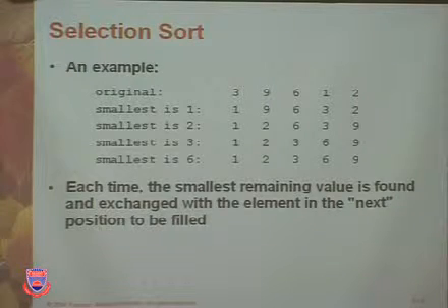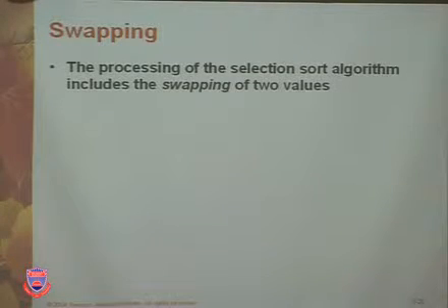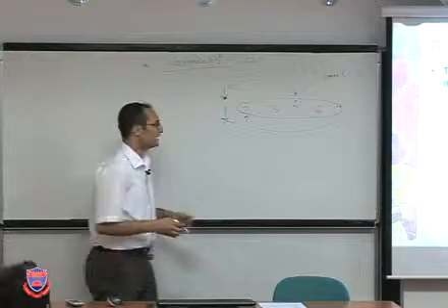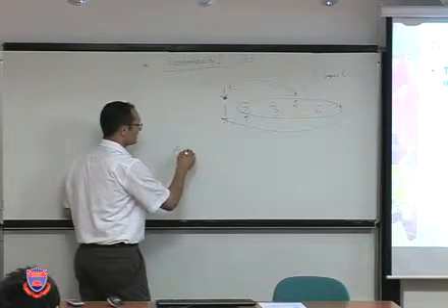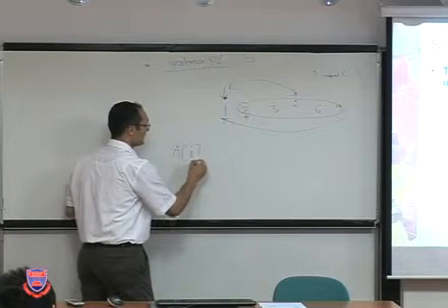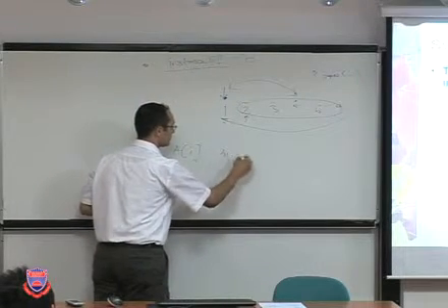And each time you find the smallest element. So how is swapping performed? How do I perform swapping in general? Let's say I have an array A. In this case, I'd like to swap a[i] with a[j]. What am I going to do?